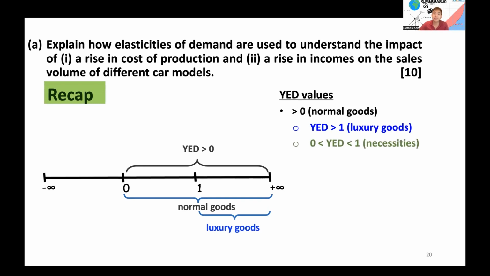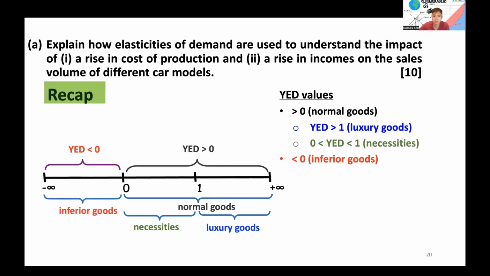And if YED is between 0 and 1, they are necessities. YED values that are negative would mean that the good is an inferior product. So we have inferior goods on the other end. And a more trivial case would be when YED equals 0. That means that the demand for the good is unaffected by changes in Y.